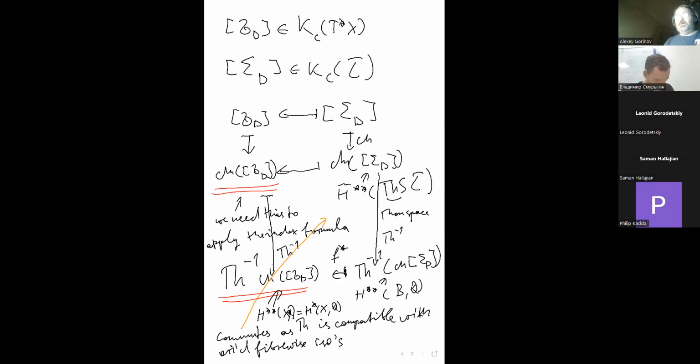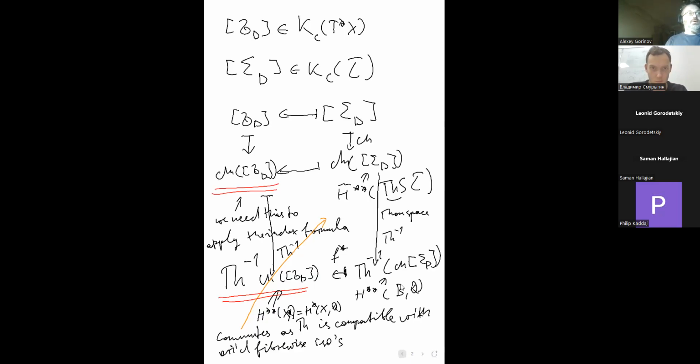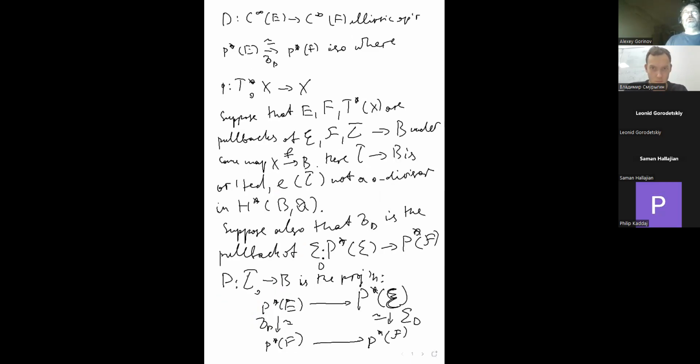Okay, now question 8. What is question 8 all about? Well, question 8 is about constructing the element. I'll use another color.